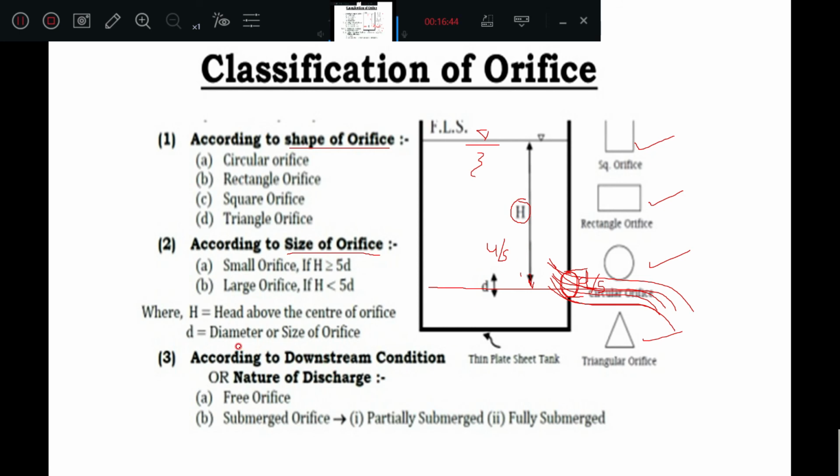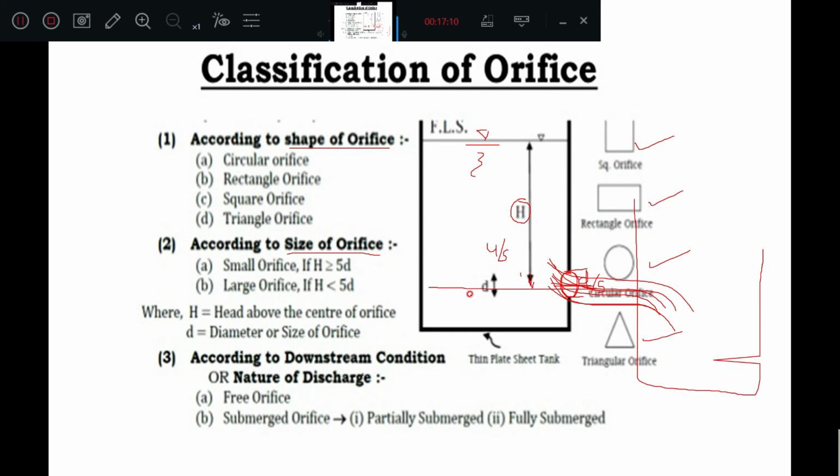The second is a submerged orifice, which can be partially submerged or fully submerged. Suppose there is a tank discharging the liquid into another tank. While discharging, if the orifice is partially submerged into this tank, this is called partially submerged.